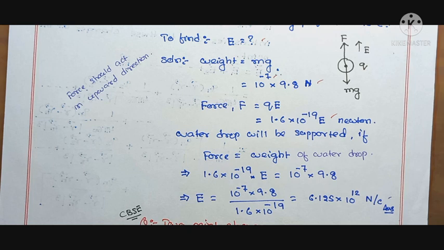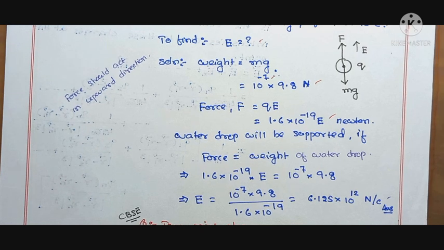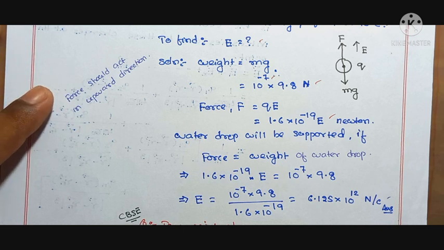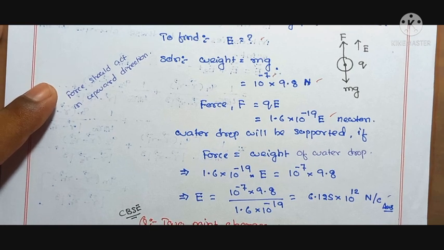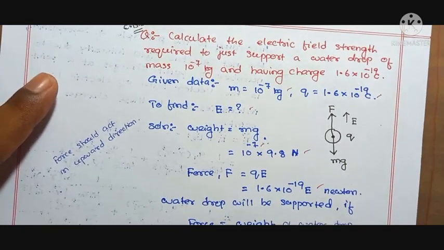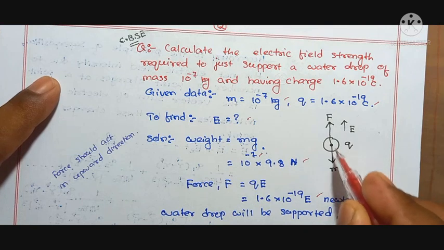Water drop will be supported when this vertical force, that means weight of the water drop which is acting vertically downward, is balanced by an upward force. So force should act in upward direction because weight is acting vertically downward. So this is the water drop.